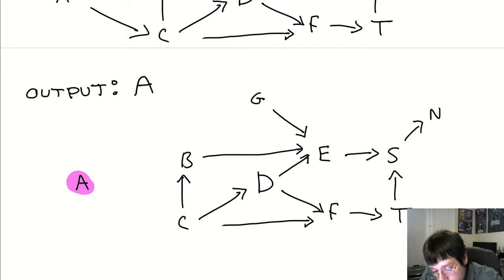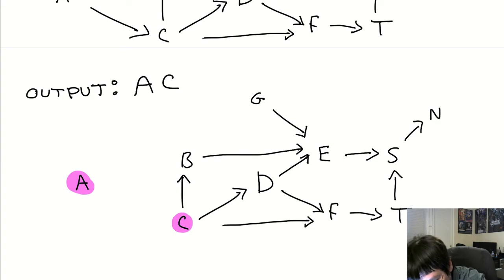G still has 0 in degree, true. But there's also a new vertex that has 0 in degree now, C. C has nothing coming into it now because we erased the edge when we took out A and all its outgoing edges. So let's go ahead and pick C then, just to show you that you don't have to pick G first. You're going to add C to your output, and again, you're going to erase all of the edges that are coming out of it.